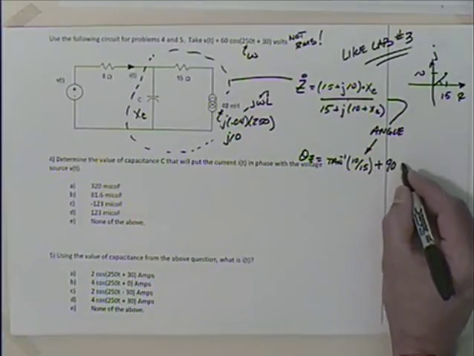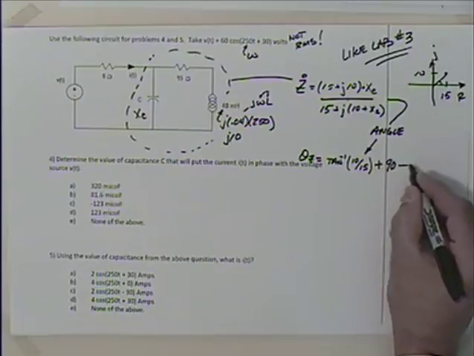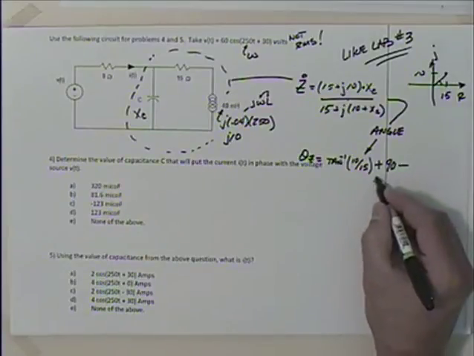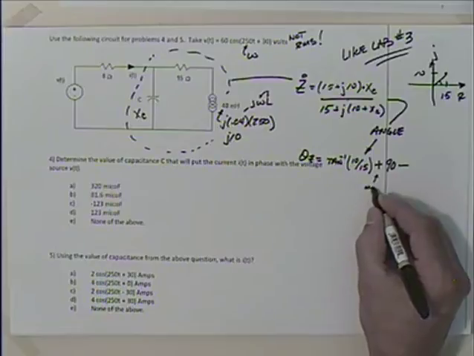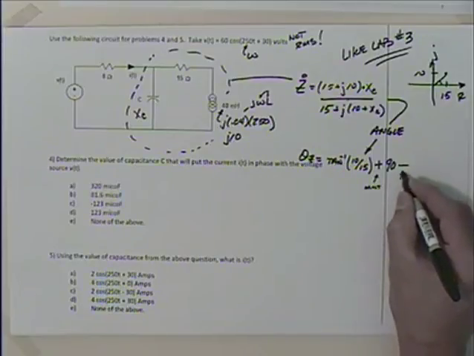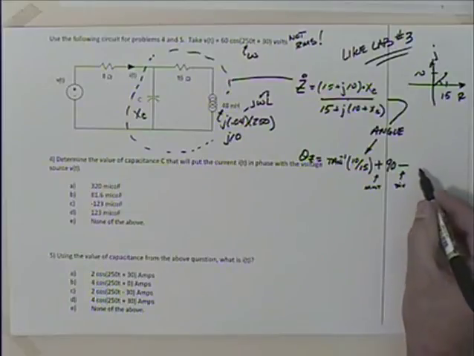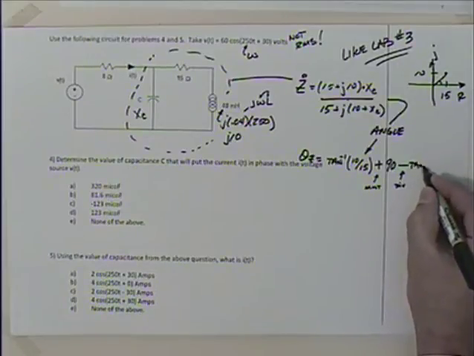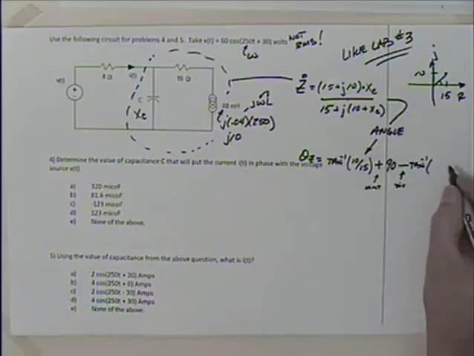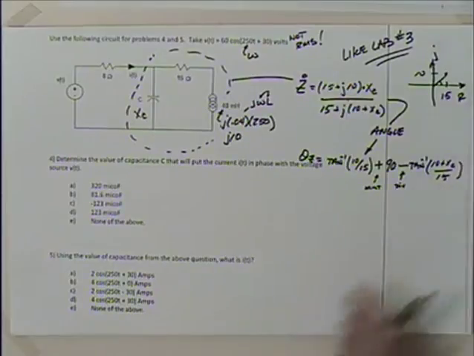When we divide, we subtract, right? Okay, this of course comes from multiply, and this comes from divide. So what do I have to subtract? The arctangent of 10 plus X sub C divided by 15, right?